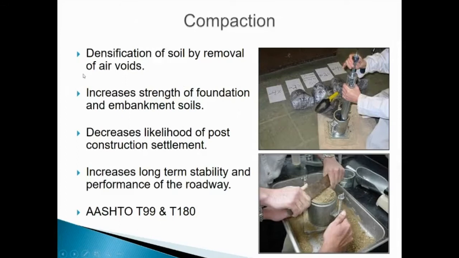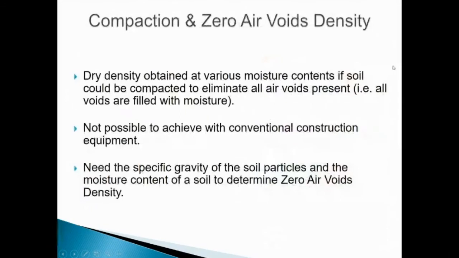When we are talking about compacting soils and removing air voids, basically what we are doing is compressing that soil and causing the air to squeeze out of the void space. What we need to be aware of in the field is a term we refer to as zero air voids density.